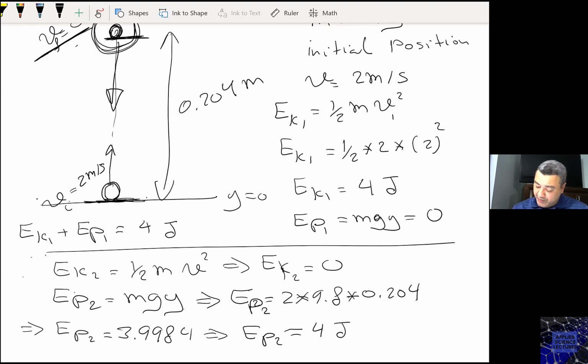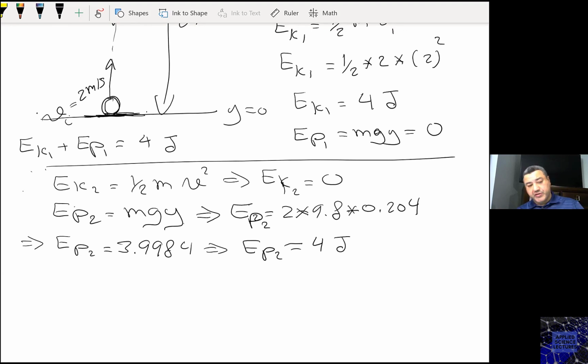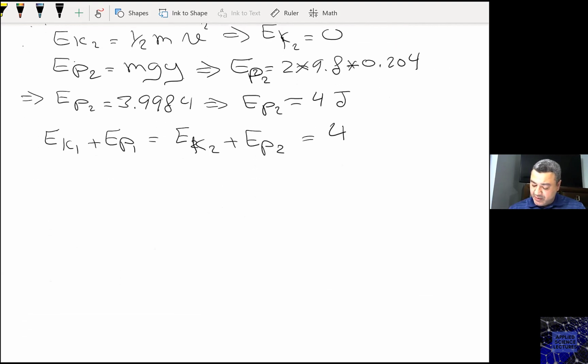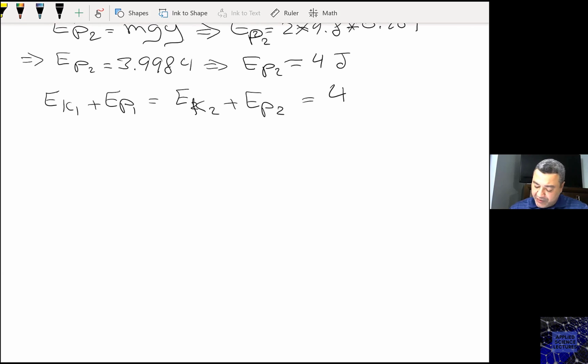So notice now, with the conservation of energy, I have EK1 plus EP1 equals EK2 plus EP2, right? And here both are 4 joules. So to understand this, let me look at the ball.